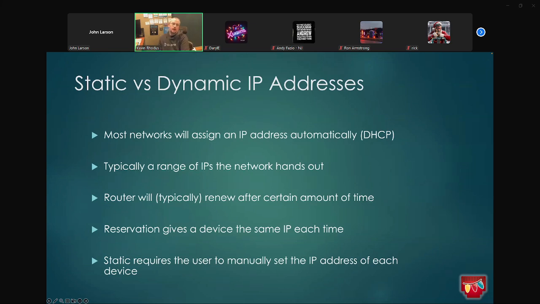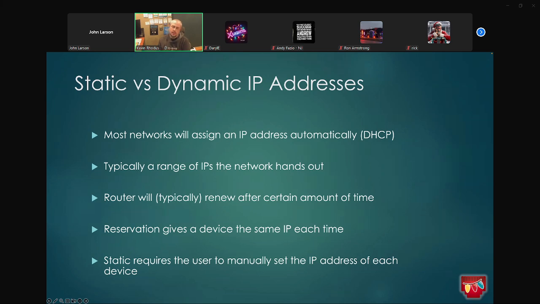When we hand out IP addresses, you can either set it, which is called static, or you can use a dynamic IP address. Almost every network with a router will hand out an IP address. That's called DHCP: I plug my laptop in, it says, hey, here I am, give me an IP address, and the router gives me back that IP address.